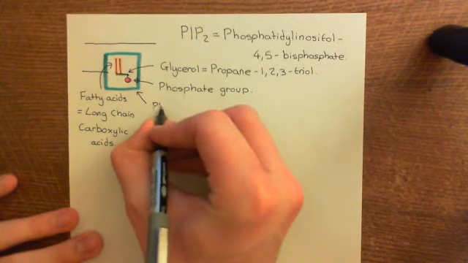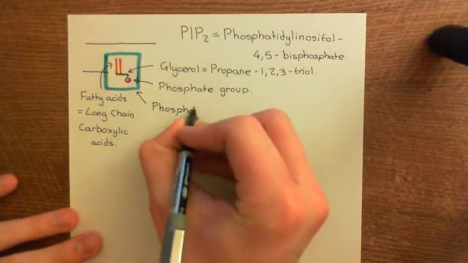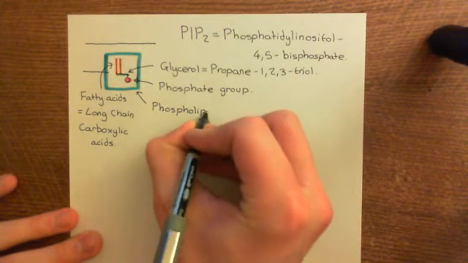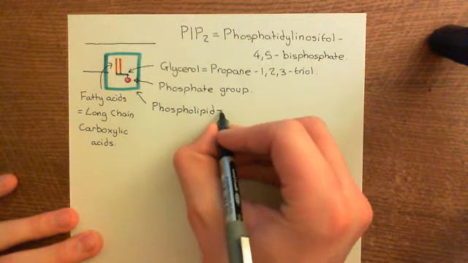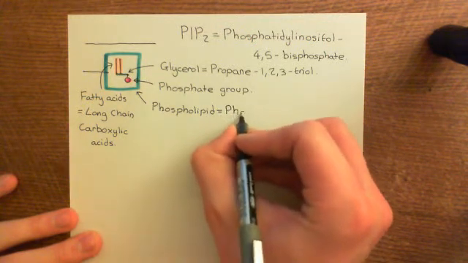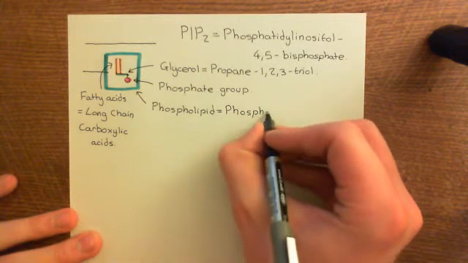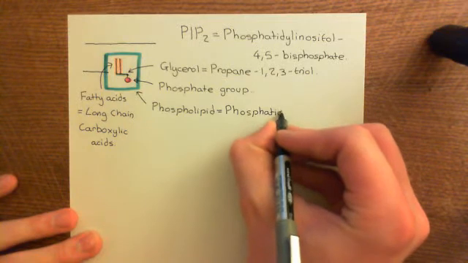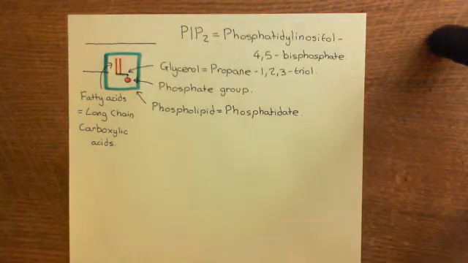Okay, and there is an old name for phospholipids, which no one would ever use for just a plain phospholipid, but when we're talking about modified phospholipids, for some reason everyone uses it all the time, and this is the name: phosphatidate molecules. So another name for a phospholipid is a phosphatidate molecule.